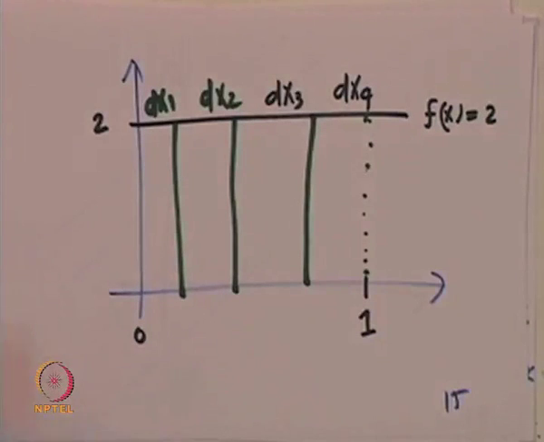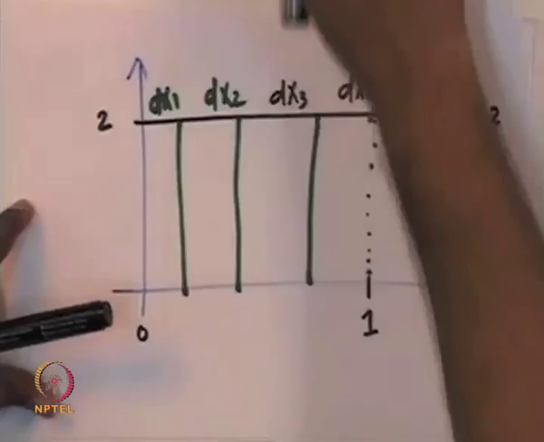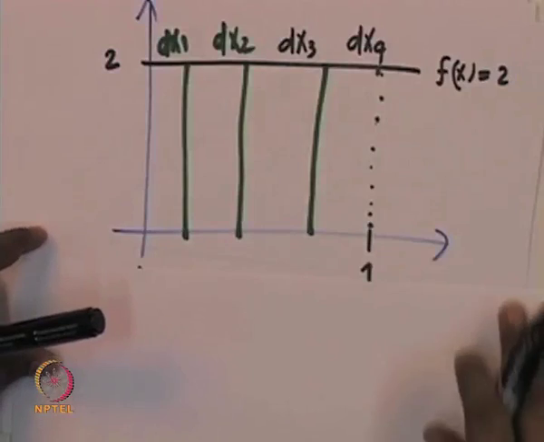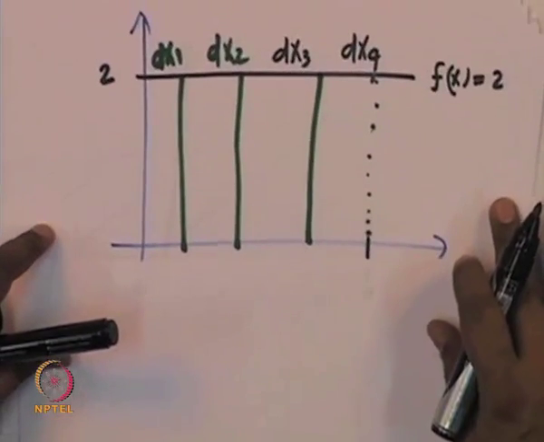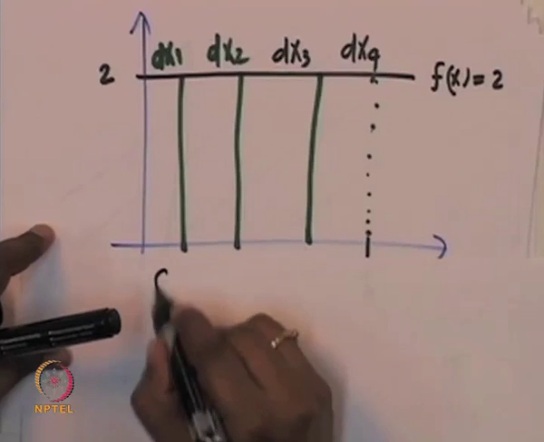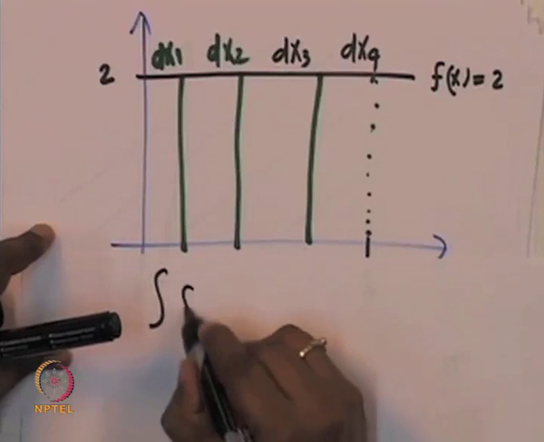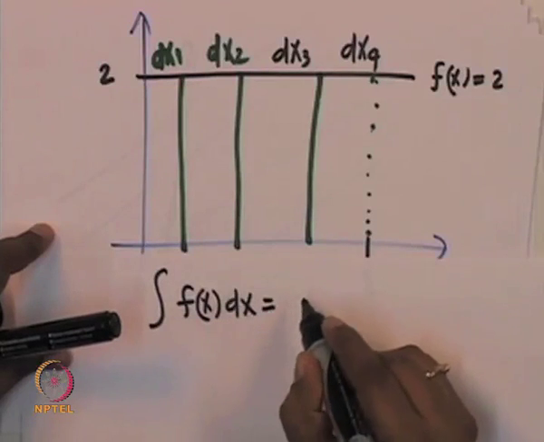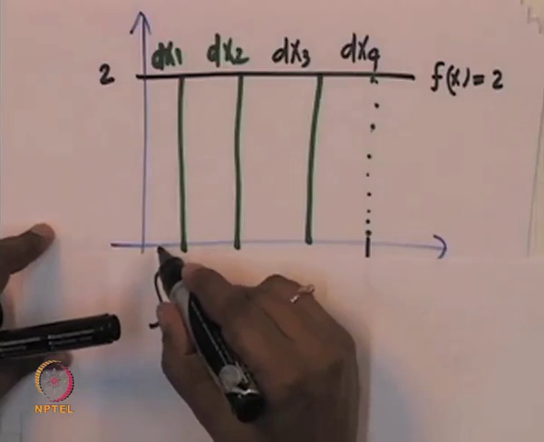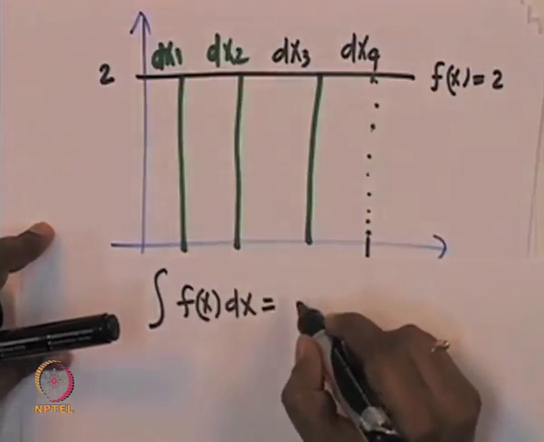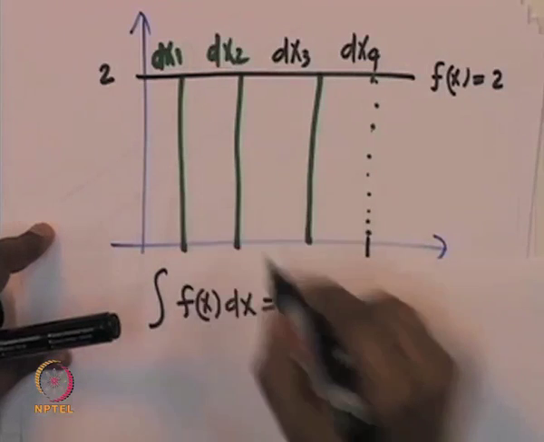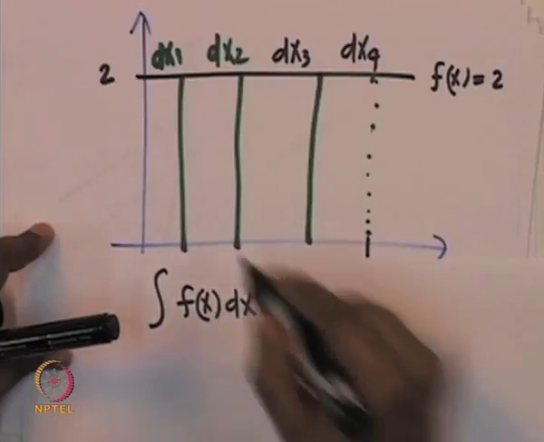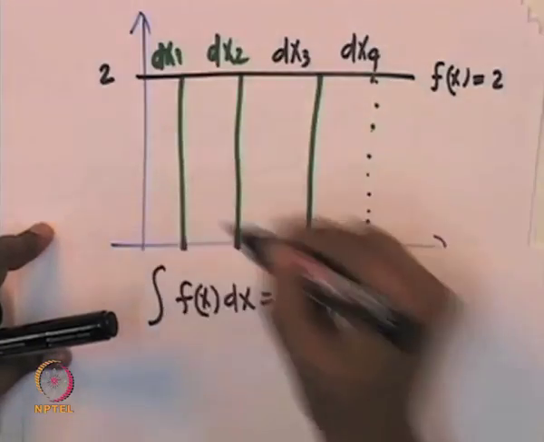Now, the claim we made is the following. We said that integral f of x dx is nothing but, take the first interval dx1 and multiply the function at this particular point x1 somewhere in this interval.